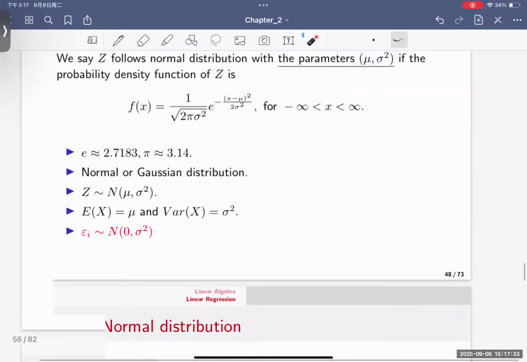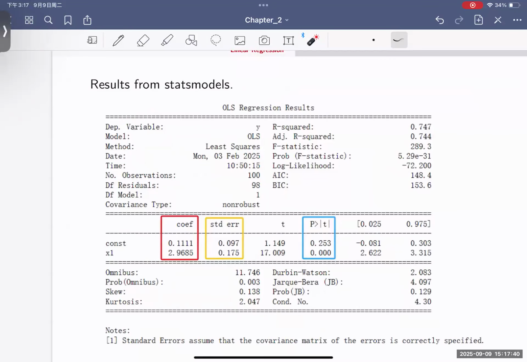This is also the reason, and maybe I can go back to the last page. When you use any package to calculate the linear regression, like the Python package statsmodels, it will tell you the coefficient part. The red block tells us our least square estimate, and the yellow block tells us the corresponding standard error of the Gaussian variable.